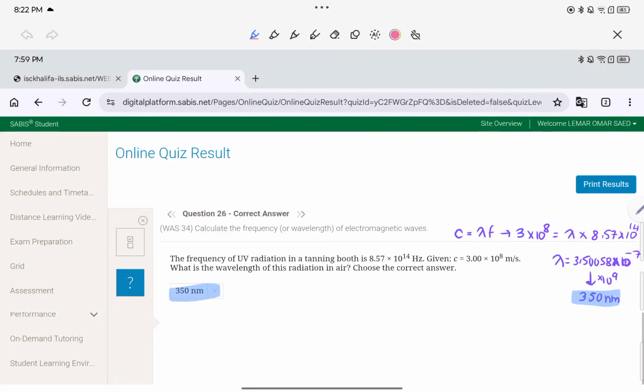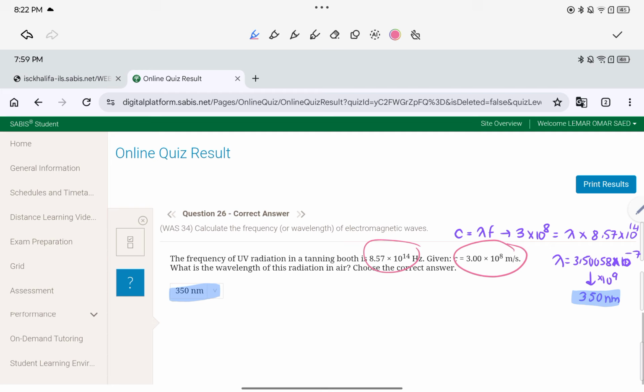Okay. c equals lambda f. So we know that c is 3 times 10 to the power of 8. Lambda times 8.57, they give it to us. Here you're just basically finding lambda.